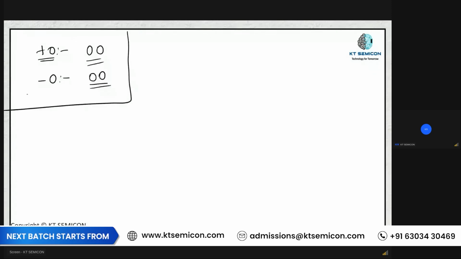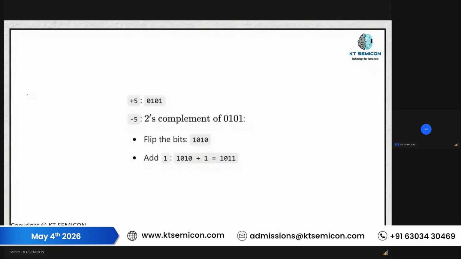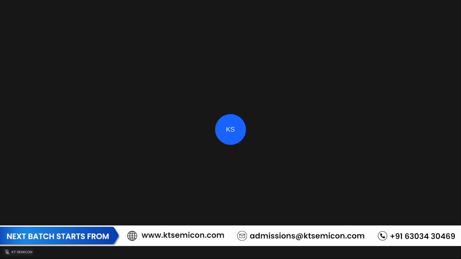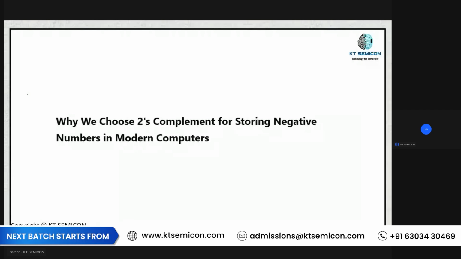So this is about the different types of representations in our hardware, because in our computers for storing negative numbers, we use the two's complement format. Why?